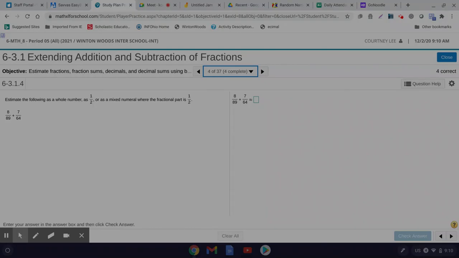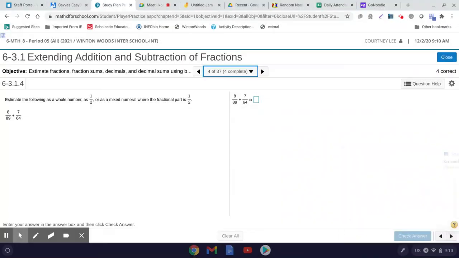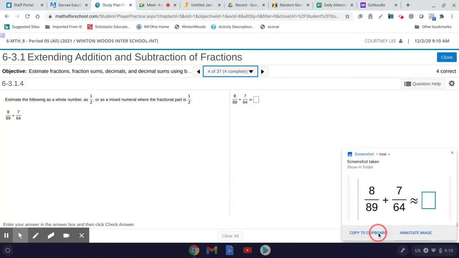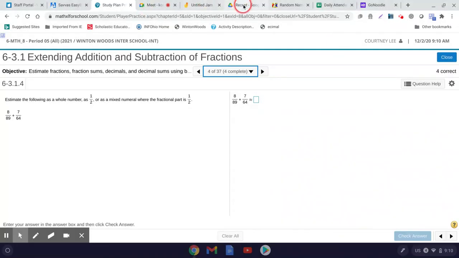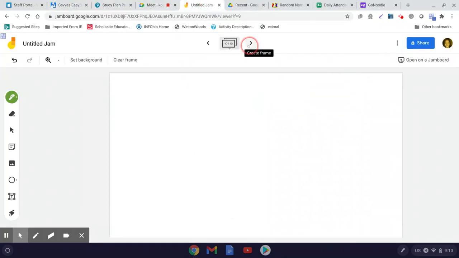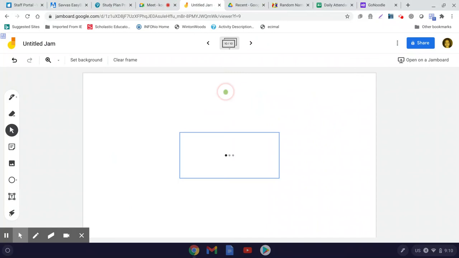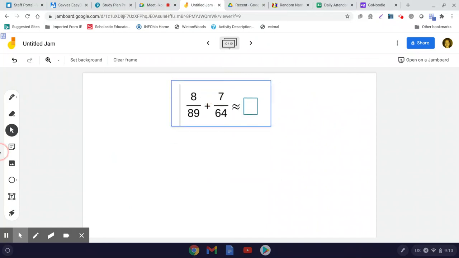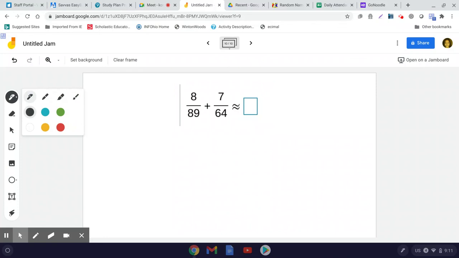Same concept. We need to estimate the sum to the closest 1/2. All right, so this is kind of 2 proper fractions. So I'm going to look at the denominator.